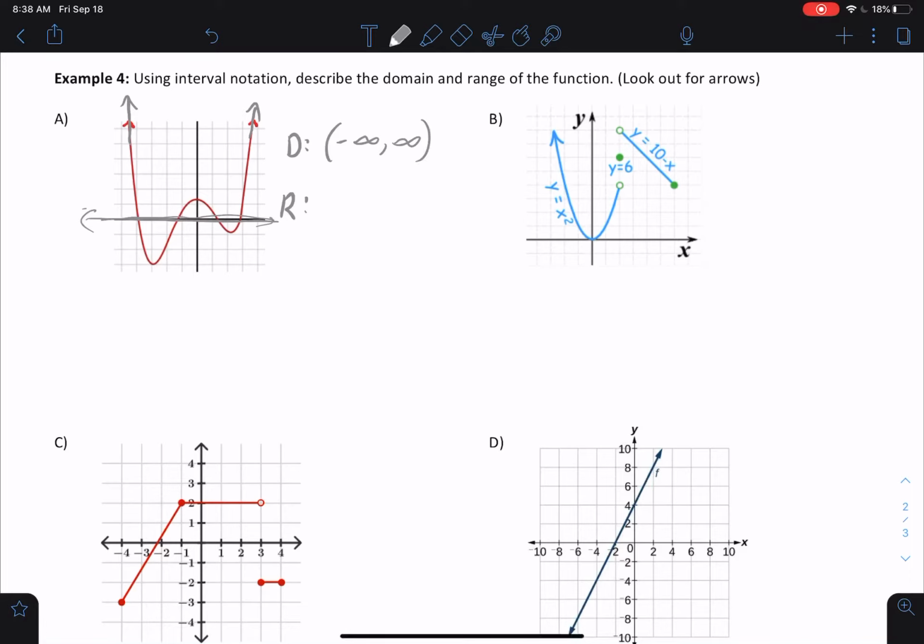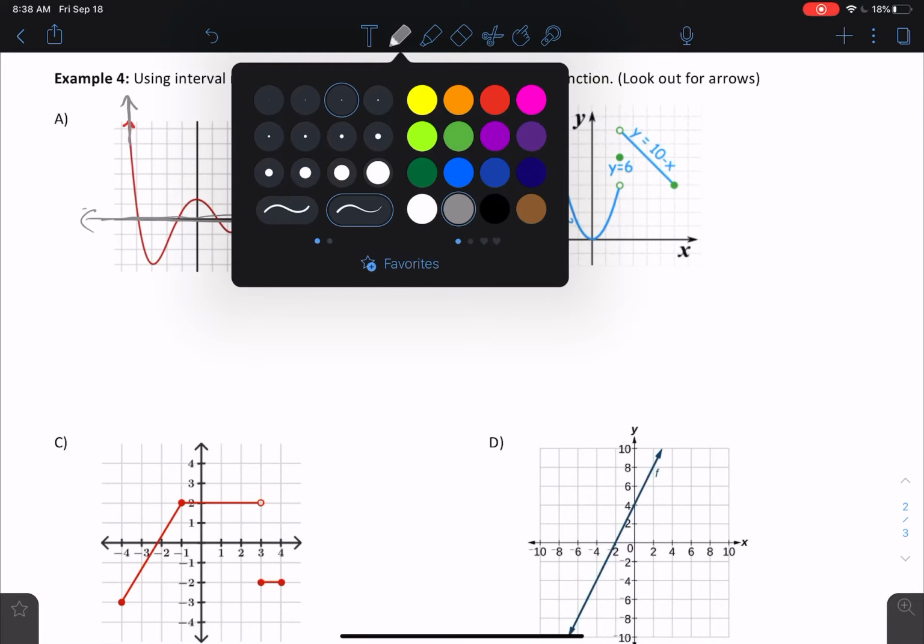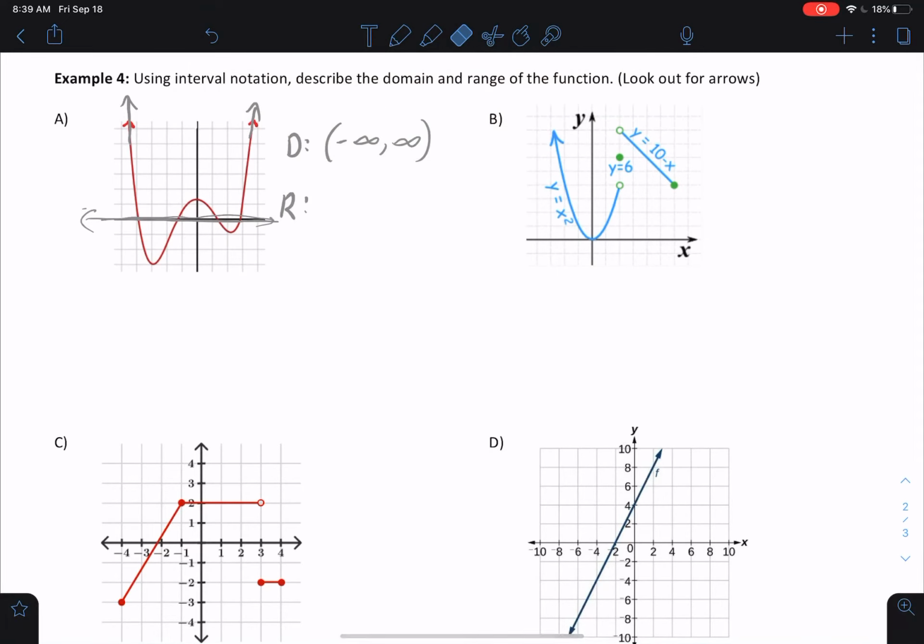The range, however, is my y's. If I look at my y-axis, the low end of this graph is right here. That's the lowest point on my graph. I don't go off to negative infinity.